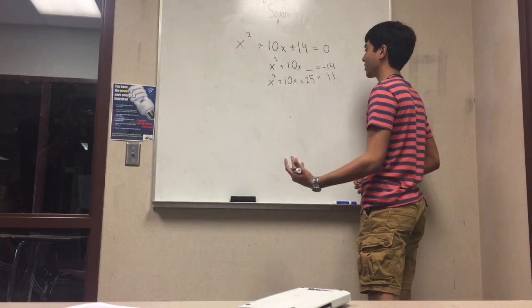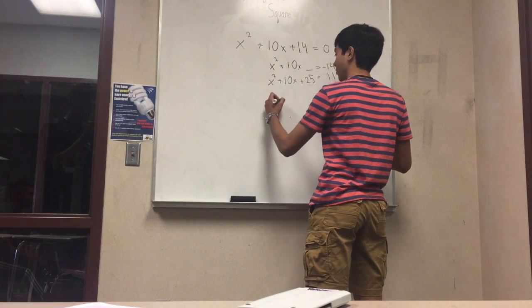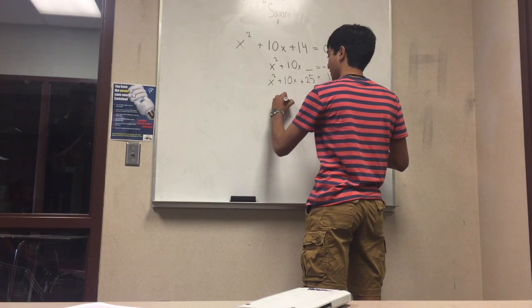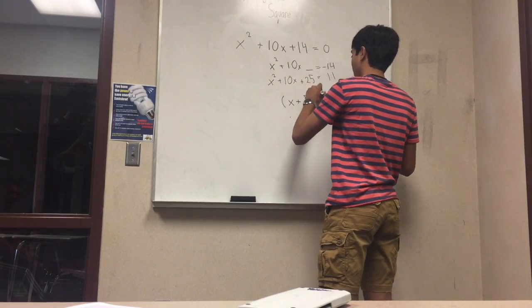And when you're trying to complete the square, you're trying to have one term squared equal to another. So in this case, it would be x plus 5 squared is equal to 11.